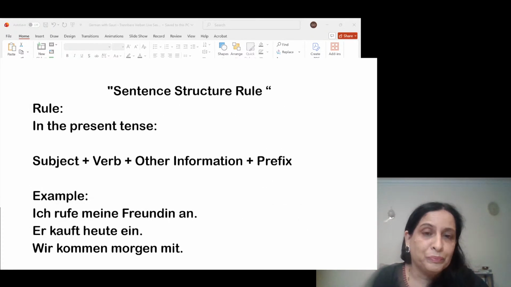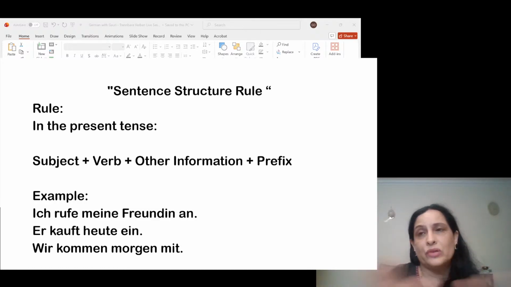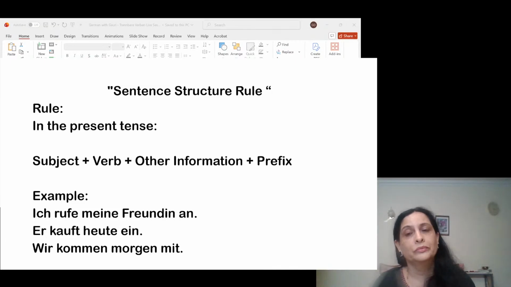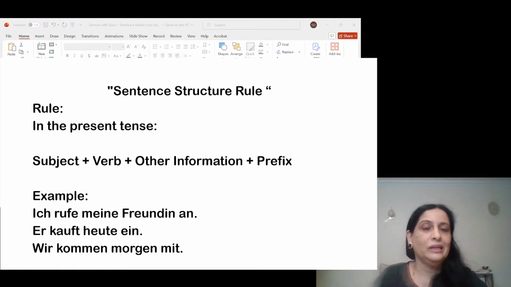Actually, there is one sentence structure rule that you have to follow while using these separable verbs. So what is the rule? In the present tense, the subject will come at the beginning, then the main conjugated verb, then other information, and then the prefix. Okay, this is clear. So we'll see an example.